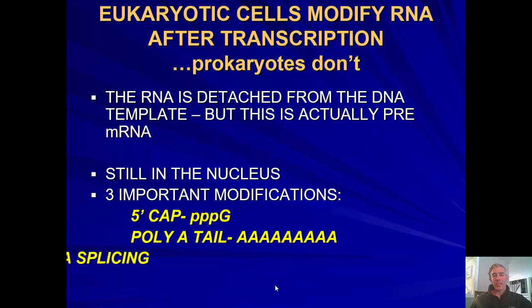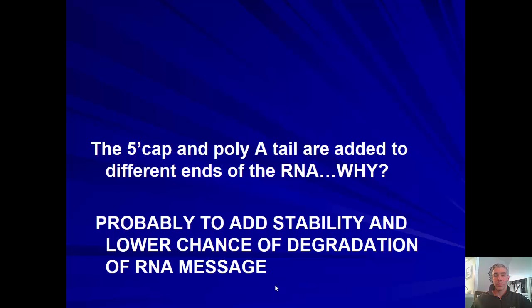And then the last, and I shouldn't say the most important, but a very important step that we have to do is something called RNA splicing, which is where we cut out sequences of the RNA that don't code for anything in the pre-mRNA transcript. We'll get to that in a second.